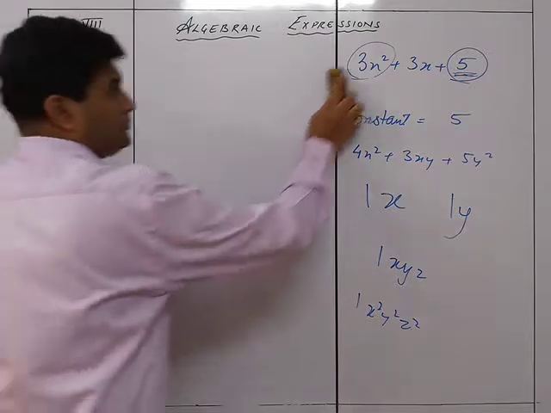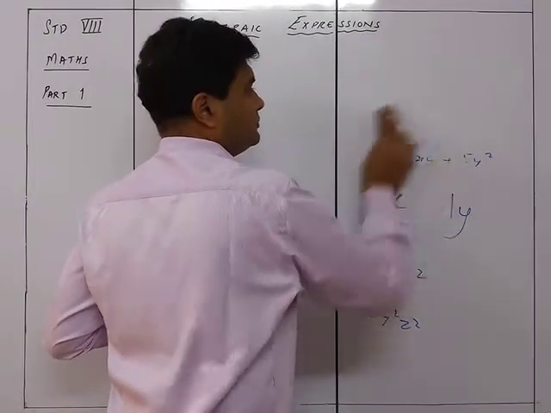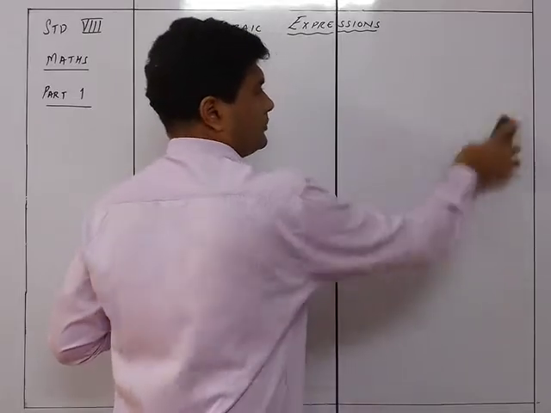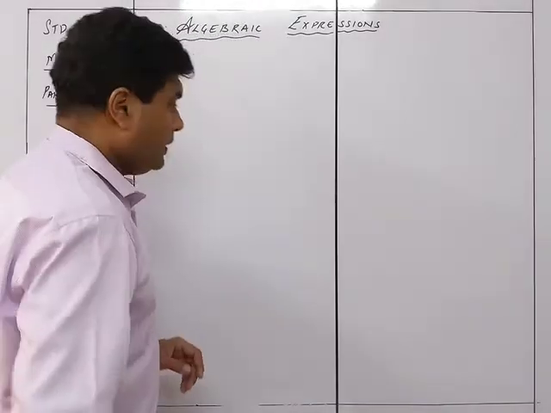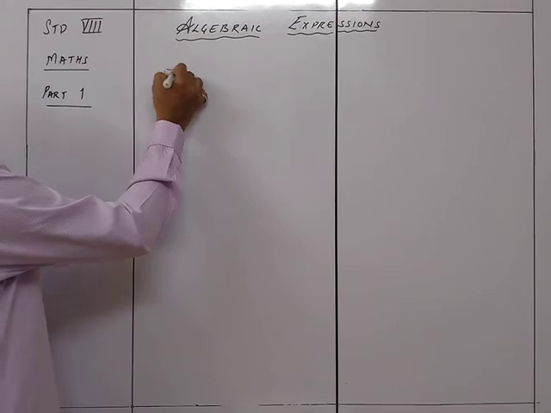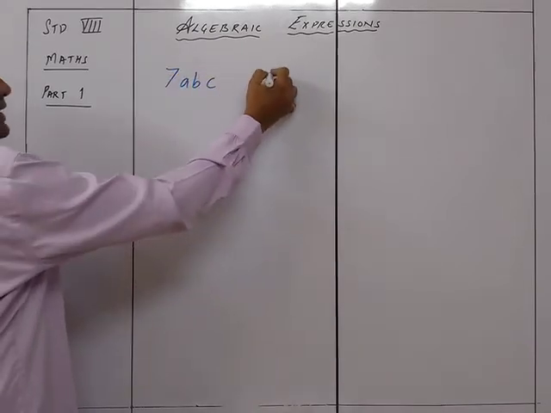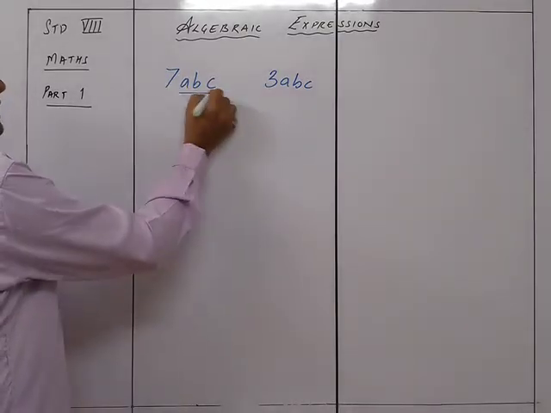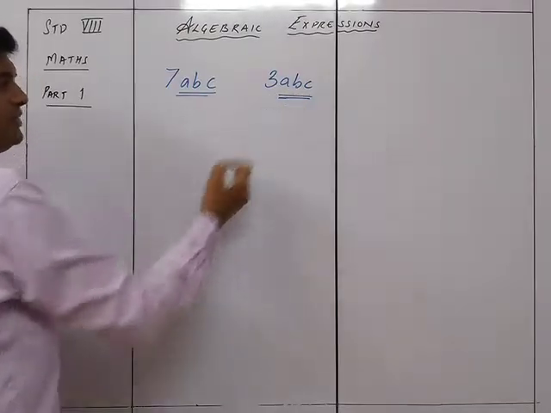Like for example, I'll just take the example over here. If we see 7ABC and 3ABC, here also it is ABC and here also it is ABC.